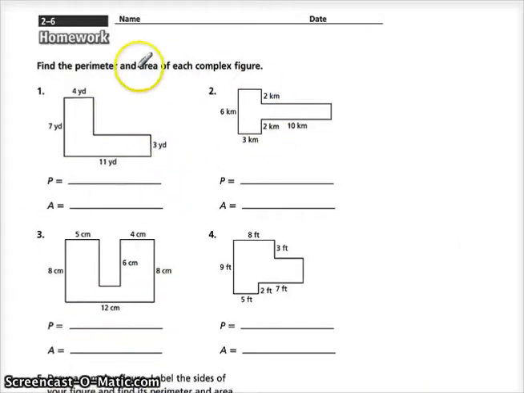Your homework is finding the area and perimeter of complex figures. Notice that this is a missing side and this side is missing. This one has a missing side here and here and here.